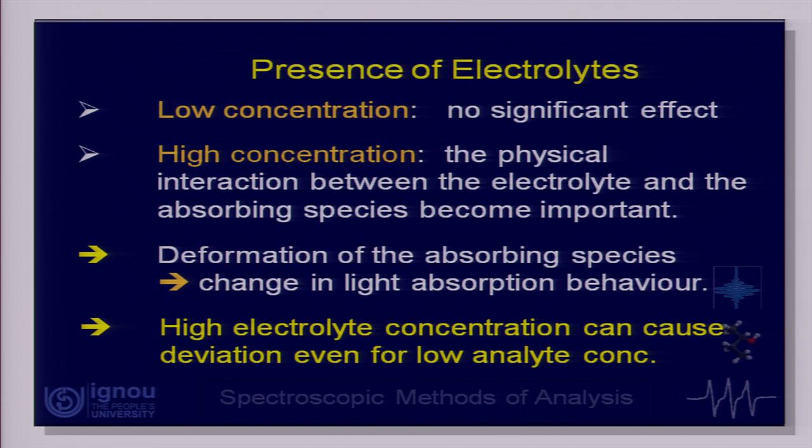So one has to be careful whenever designing an experiment or making measurements, and ensure that these factors are taken care of. Otherwise, what we expect from the Beer-Lambert law will not be observed.